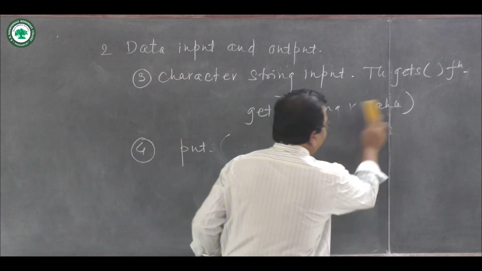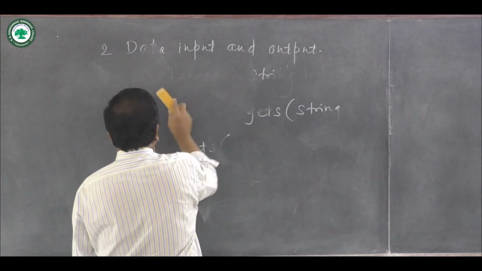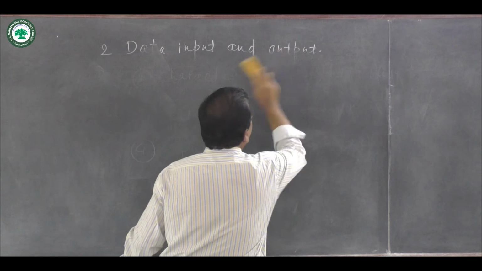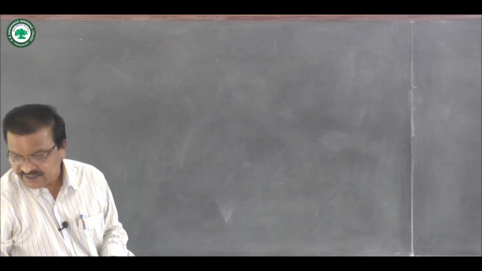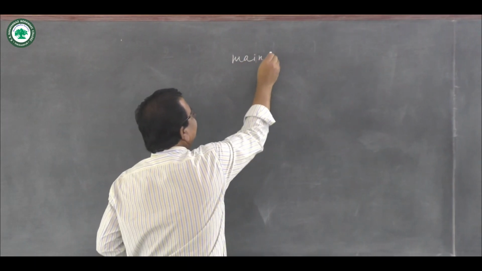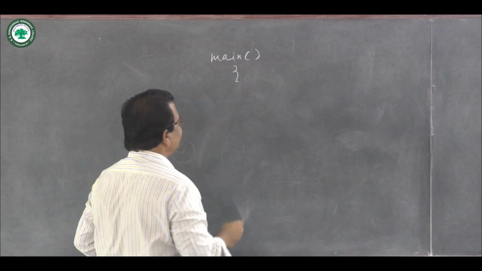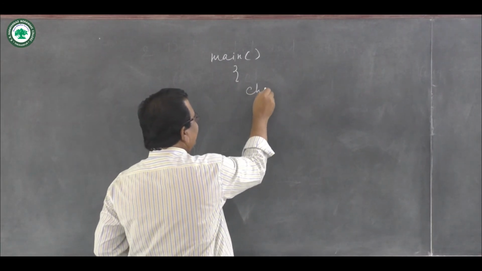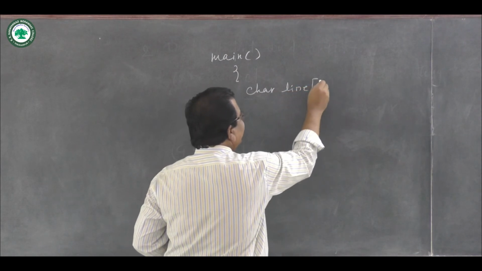Let us see an example of the way gets and puts are used in a C program. Here is an example: the main function, and the body of main starts from the left brace. Here I am declaring line as an 80-element character array.